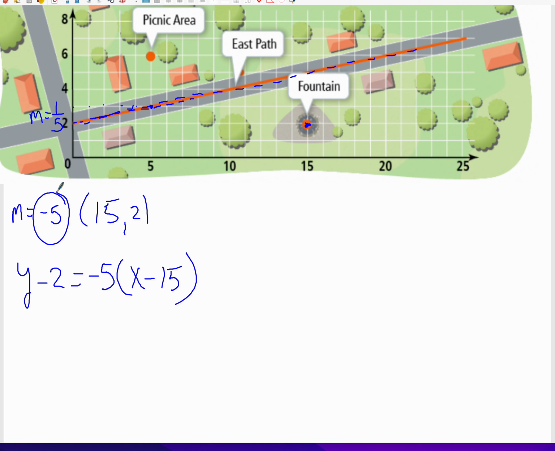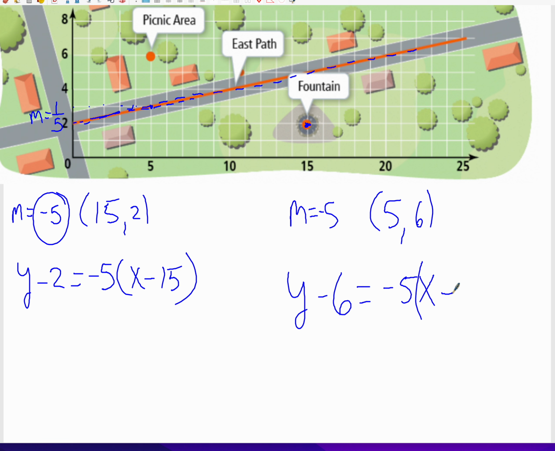So we still want a slope of -5, and what's my ordered pair now? 5, comma 6. So y minus 6 equals -5 times x minus 5.